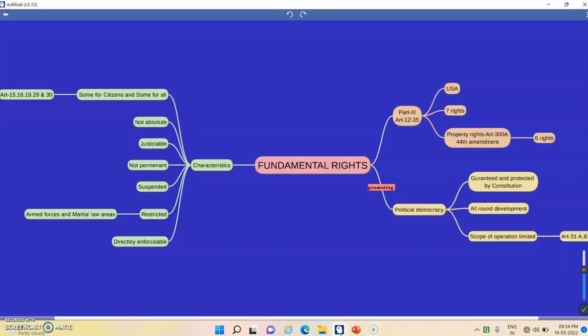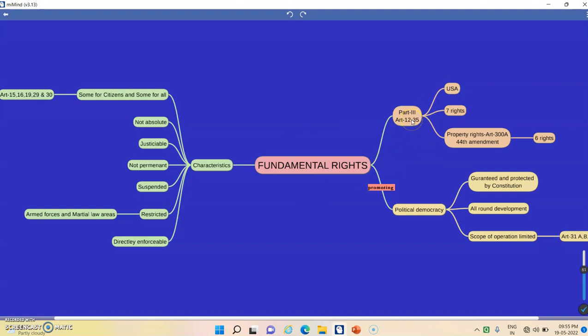I have prepared a concept map to explain about fundamental rights. Dear learners, fundamental rights, as you all know, are enshrined in Part 3 of the Indian Constitution from Article 12 to 35. Actually, these fundamental rights are derived from the USA Bill of Rights.